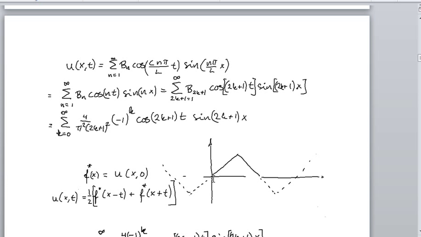Here is x equal to 0, and here is x equal to pi. So if we take the odd periodic extension of this function, we get this function. So this is the extension of it.